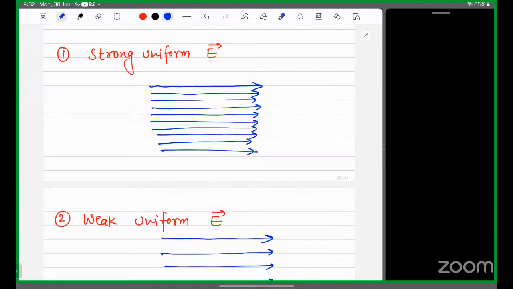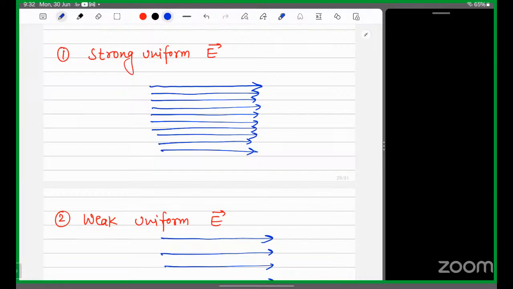Direction will be continuously changing, it will be different for different points. So if at an arbitrary point in the room the direction of electric field is upward, then at any other point in the room the direction may not be upward, it may be downward, left or right also. So this is the meaning of uniform electric field and non-uniform electric field.